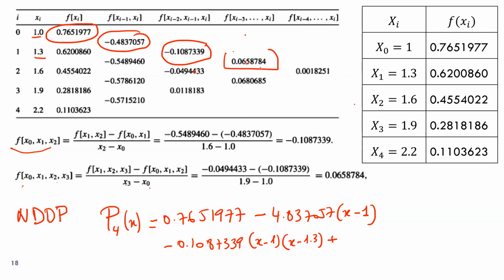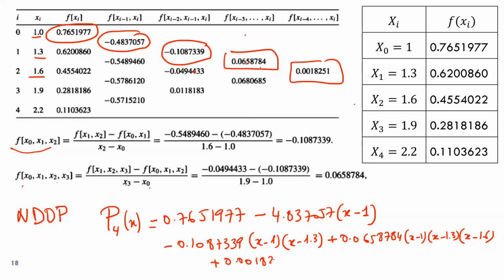plus 0.0658784 (x minus 1)(x minus 1.3) نزيد the next point 1.6، and the last هذه 0.0018251 (x minus 1)(x minus 1.3)(x minus 1.6)(x minus 1.9) and we are done. قلنا هذا ما يظهر في الفورمولا.